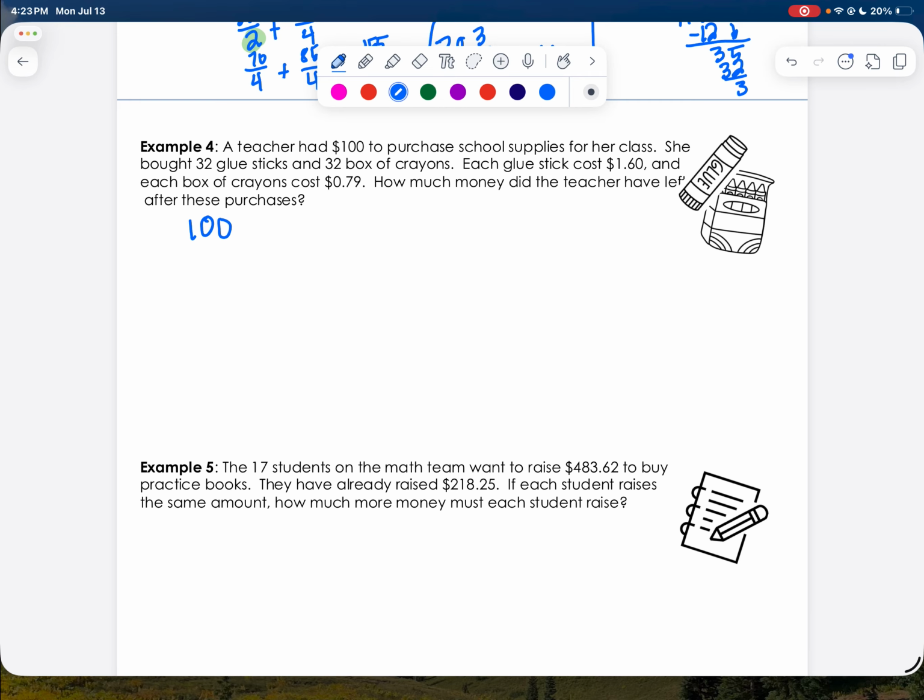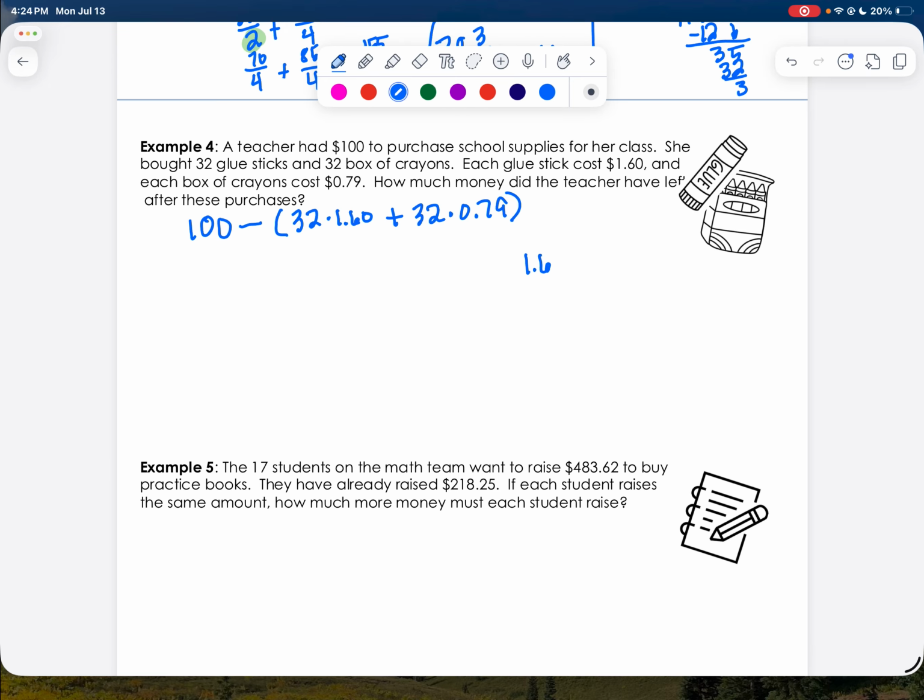And we know she bought 32 glue sticks at $1.60 each, and then she bought 32 boxes of crayons for 79 cents each. So what we need to do is calculate what is 32 times $1.60 and what is 32 times 79 cents.